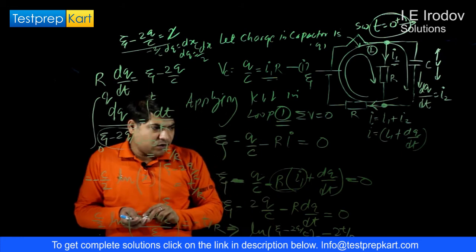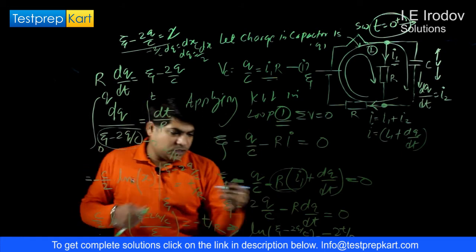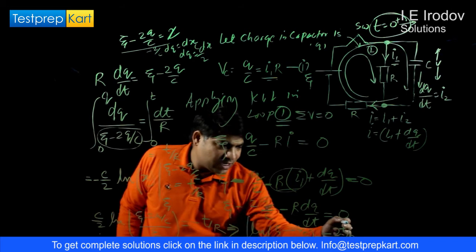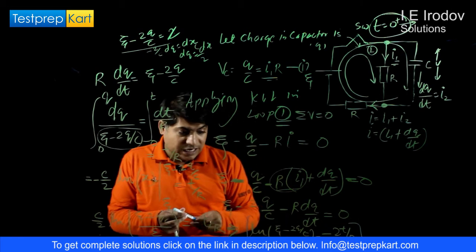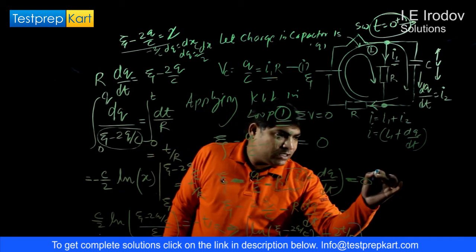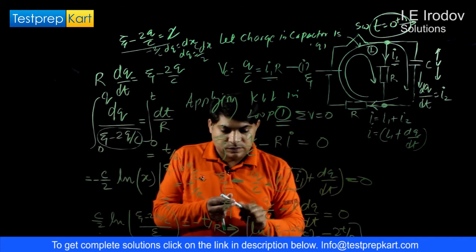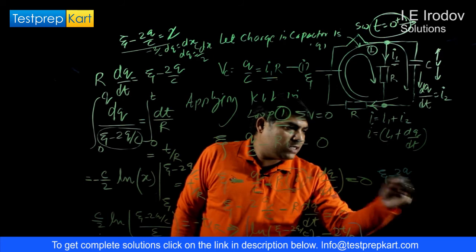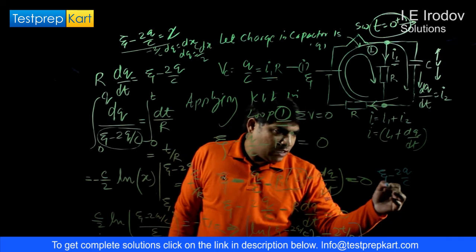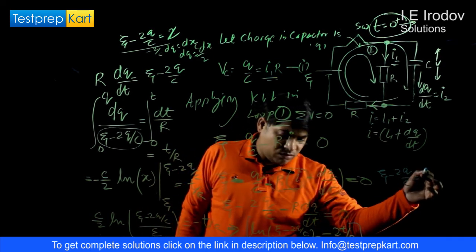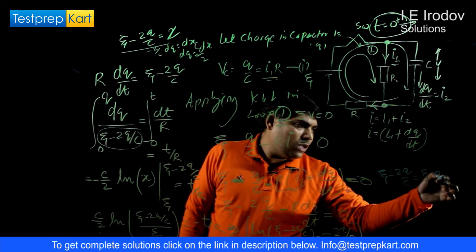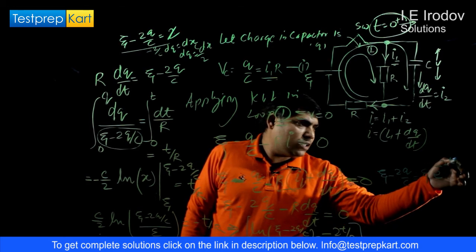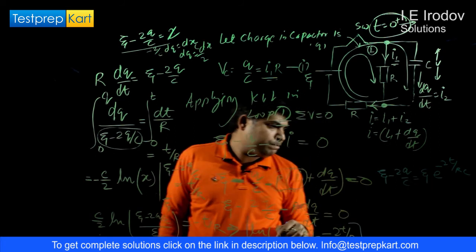Now we can eliminate the ln by taking the exponent. So E minus 2q over C is equal to E into exponential of minus 2t over RC.